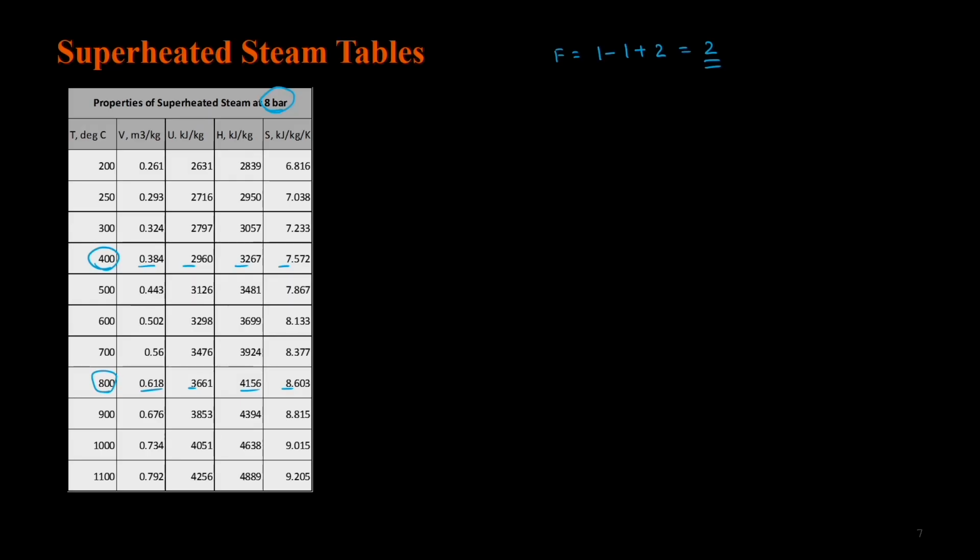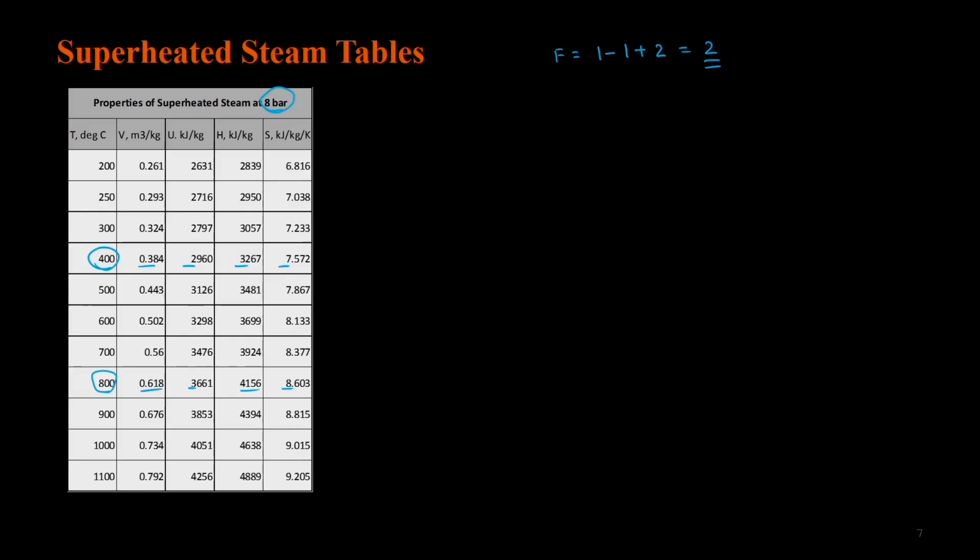Once these 2 variables are fixed, I can read other quantities off the table, and we usually have a long list or a lengthy table at different closely spaced pressures, say at 8 bar, then at 10 bar, then at 12 bar, etc. And then the temperatures being 200, 250, 300, 400, etc. And again, as in the previous case, if I need something in between, I need to do an interpolation.